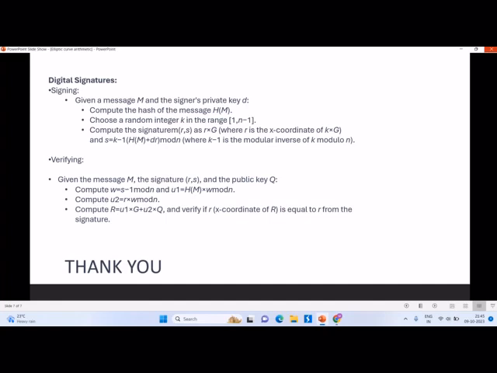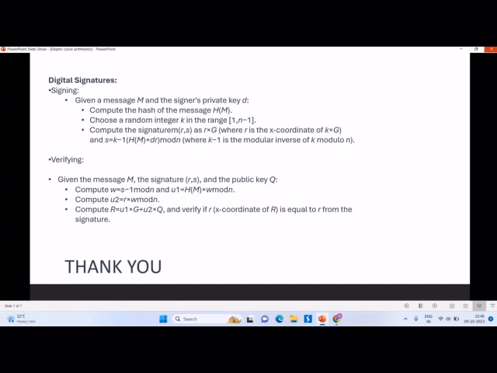We compute the hash of the message, H of M. By choosing a random integer k in the range 1 to n minus 1, we compute the signature r and s, where r comes from kG, and k inverse is the modular inverse of k mod n. The formula is s equals k inverse times H of M plus d r, where H of M is the hash of the message.